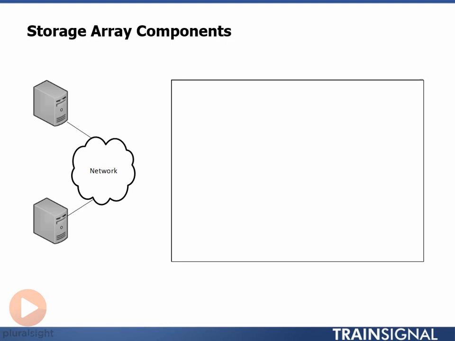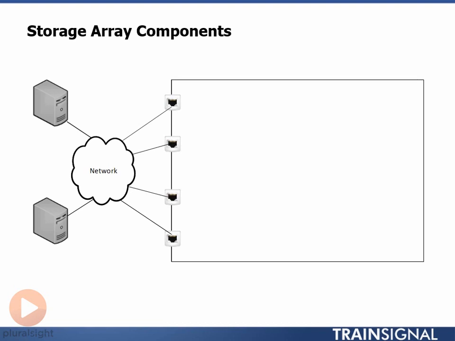Next, we'll add some network ports to the front end of our array, and we've added 4 of them. By the way, we call these ports front-end ports to distinguish them from back-end ports, which we'll talk about shortly. And as we can see, these ports physically connect to our shared storage network, and they're known as targets or target ports in storage parlance.